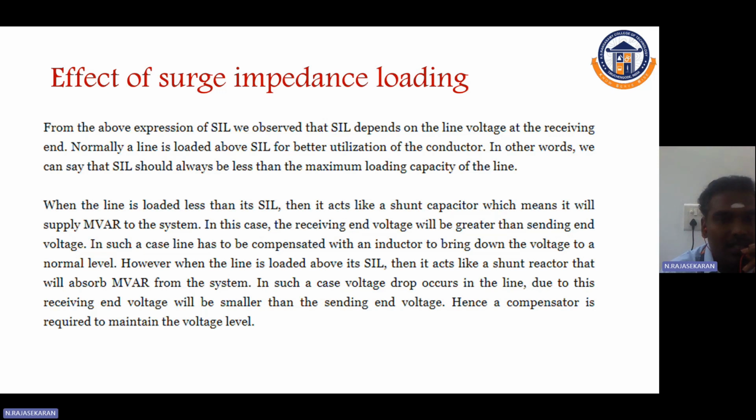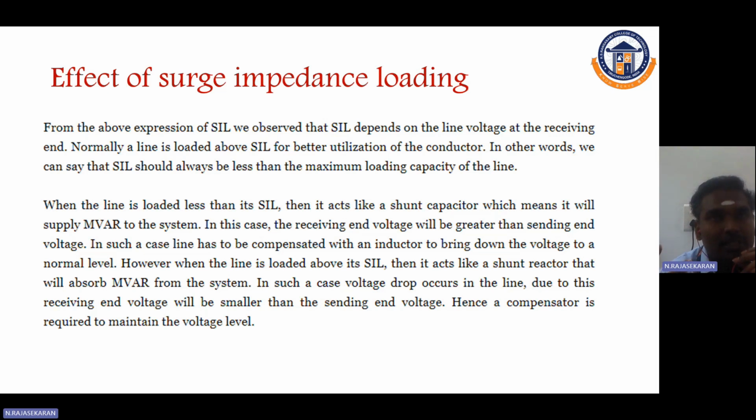Then what will happen? It acts as a shunt capacitor, and the shunt capacitor supplies MVAR to the system. The capacitor charging current is added to the receiving end side, so that the receiving end voltage will be more than the sending end voltage.